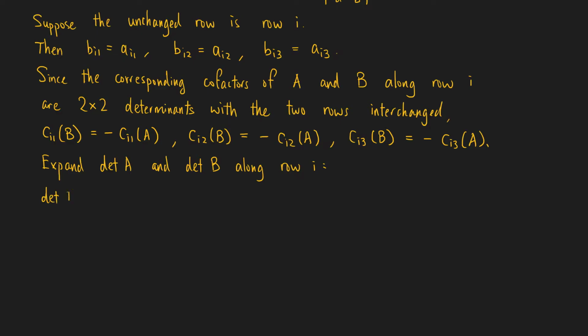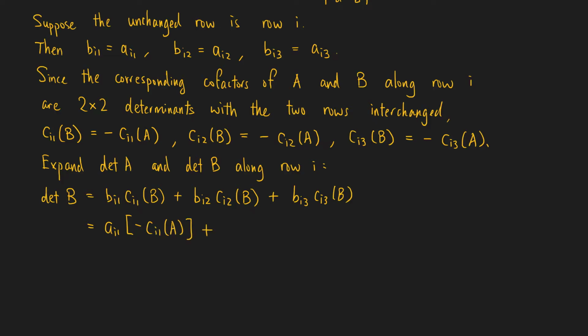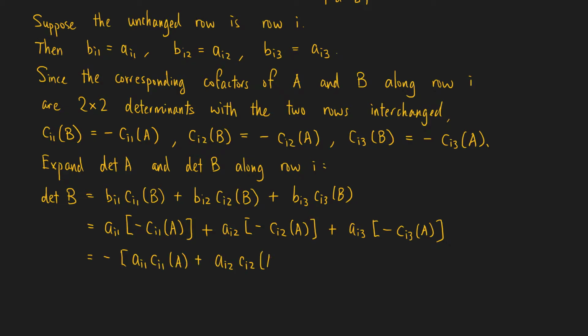We have the determinant of B equals Bi1 times Ci1 of B, plus Bi2 times Ci2 of B, plus Bi3 times Ci3 of B. From the above, this is equal to Ai1 times the negative of Ci1 of A, plus Ai2 times the negative of Ci2 of A, plus Ai3 times the negative of Ci3 of A. Taking out the negative sign, this is equal to the negative of Ai1 times Ci1 of A, plus Ai2 times Ci2 of A, plus Ai3 times Ci3 of A, which is equal to the negative of the determinant of A.